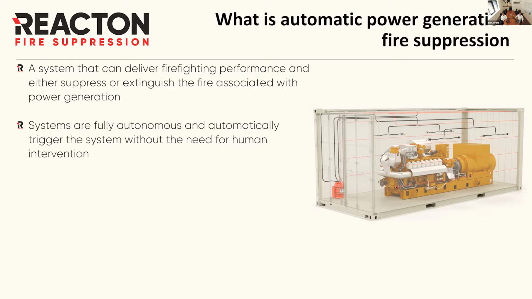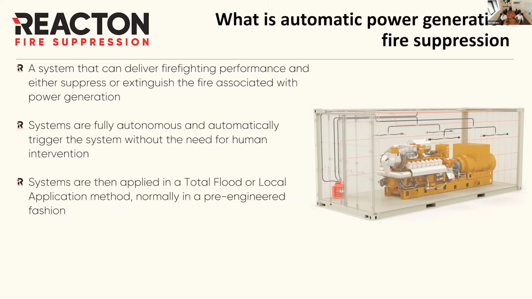Because of the remote locations, it takes a lot longer for the fire rescue services or anyone to intervene. And that leads us on here where the systems are fully autonomous, which is the automatic, and they trigger the system without any need for human intervention at all.